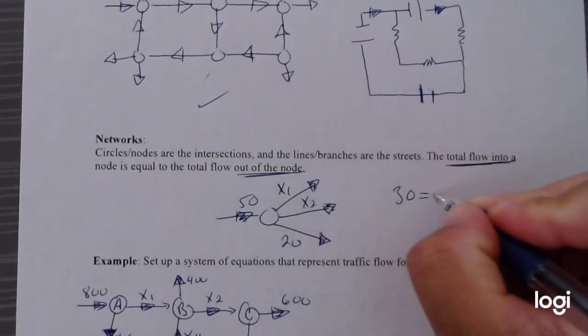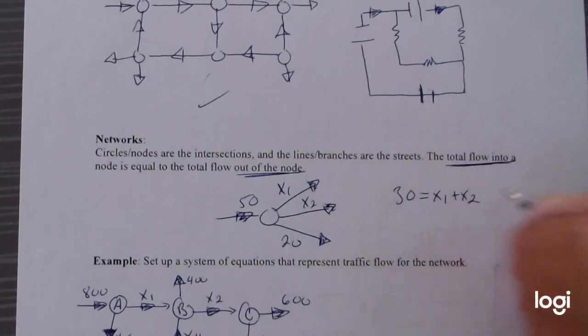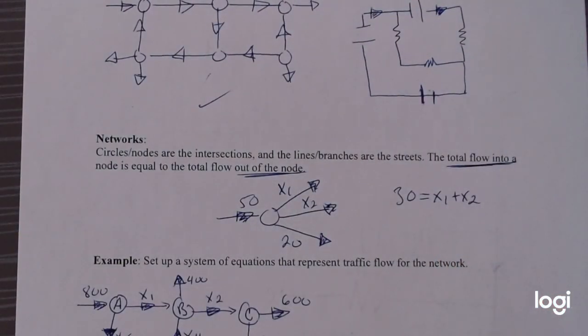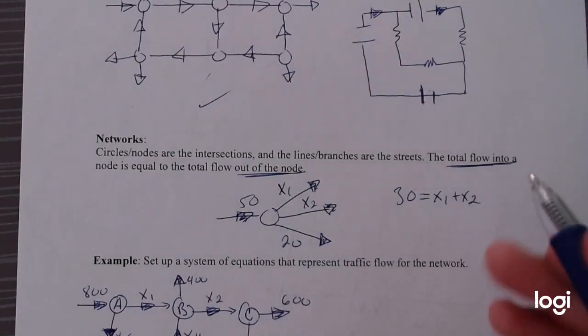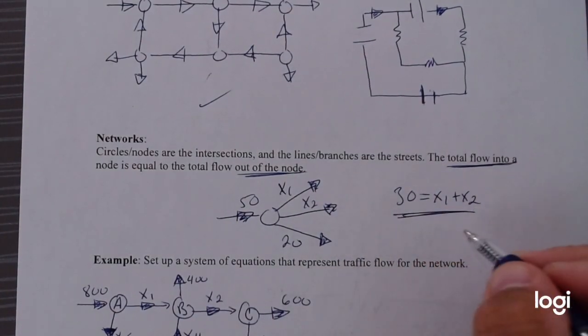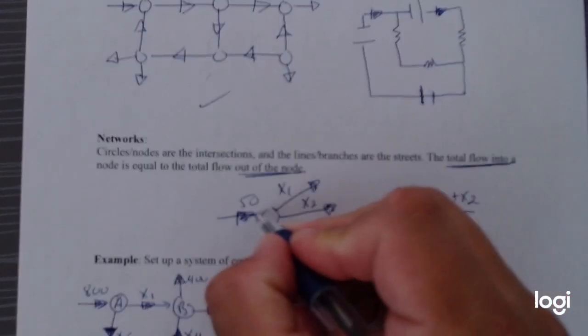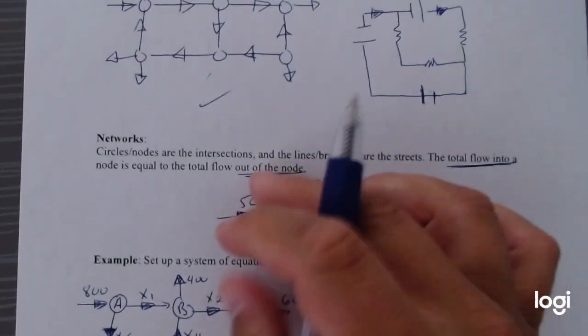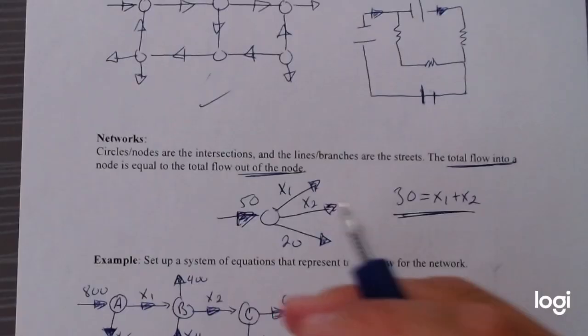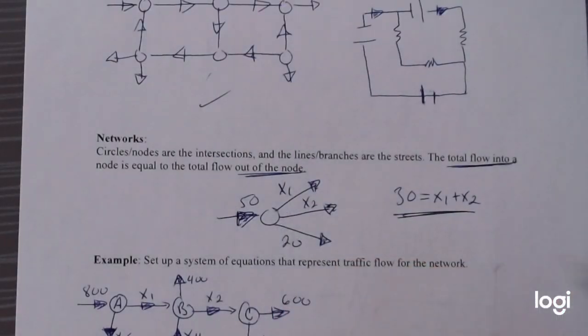So 30 is the sum of what's coming out of this node, or the sum of x1 plus x2. That's how these processes are going to work, and this is how we're going to set up our system of equations. Just remember all flow that goes in must come out, or more flow can also go in, but it has to eventually pour out somewhere.